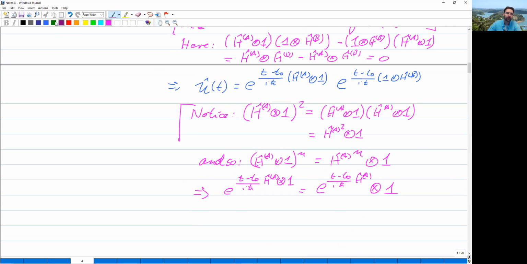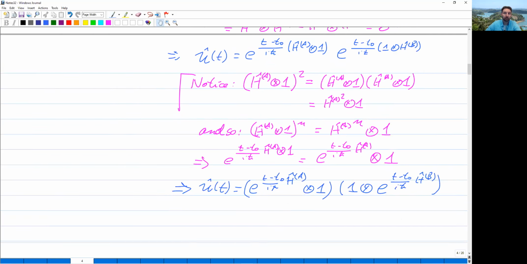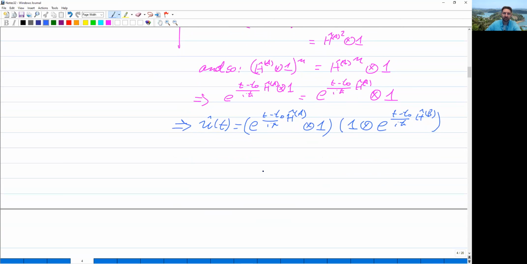So therefore, we obtain that U hat of t, the full time evolution operator, takes the form e to the power of (t minus t naught) over i h bar, h hat A tensor the identity, times 1 tensor e to the power of (t minus t naught) over i h bar h hat B. Now, remember how multiplication works for tensor products, first with first, second with second.